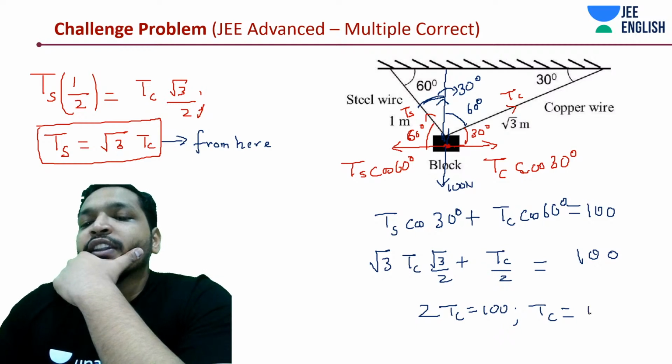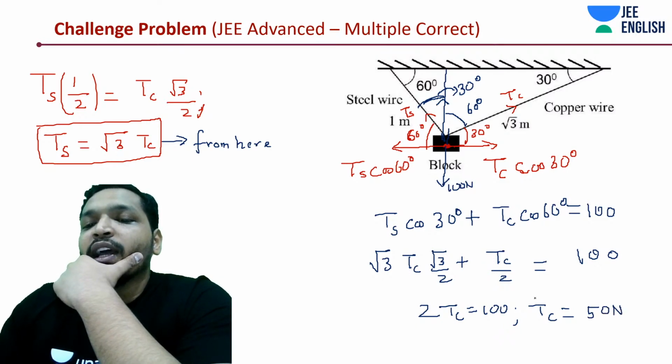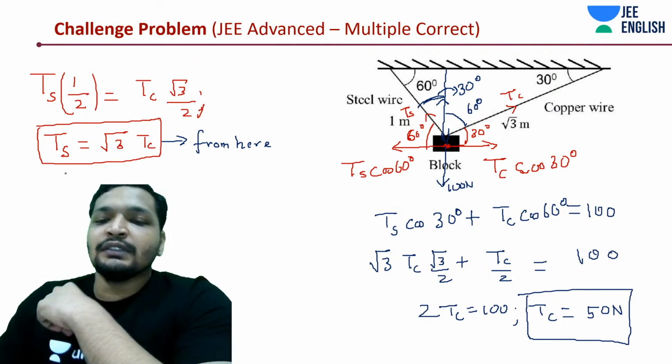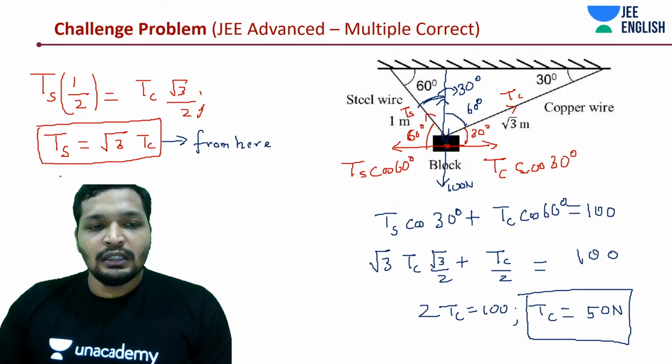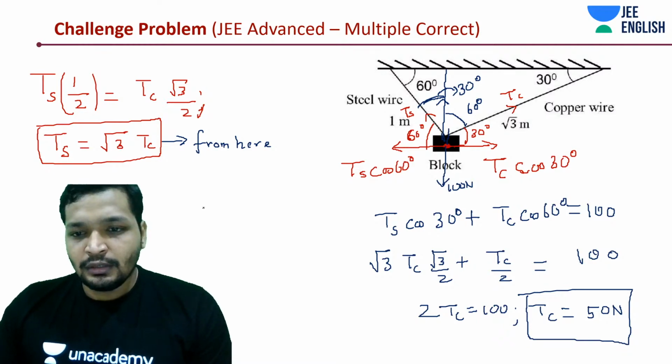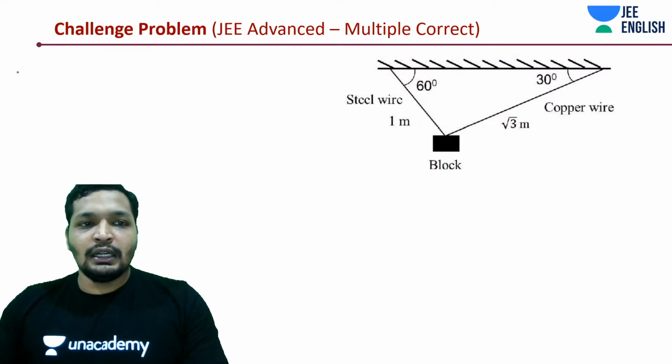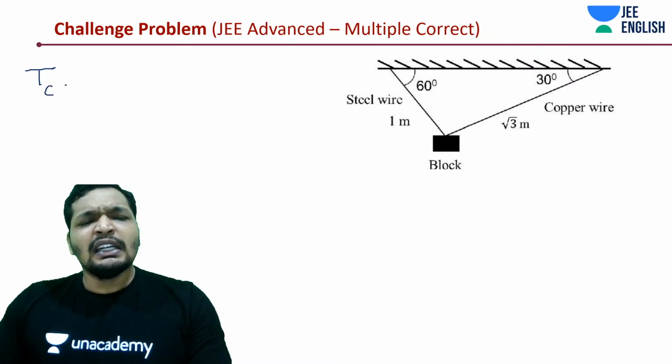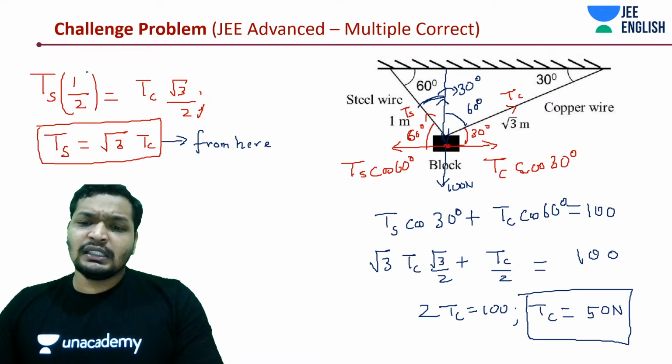So you know everything now that you need to analyze the elongation. And if this is 50, how much is TS? Okay, let's write it down on the next one. We got two things. One is TC is 50 newtons.